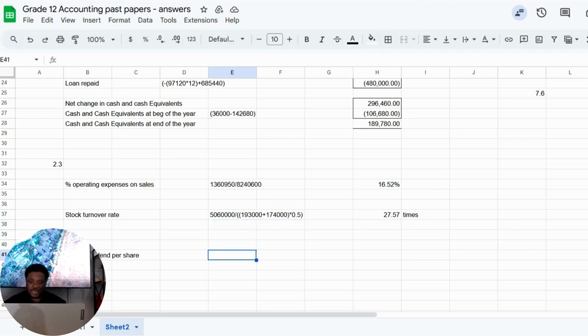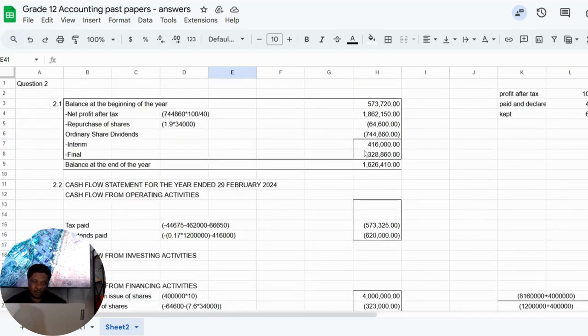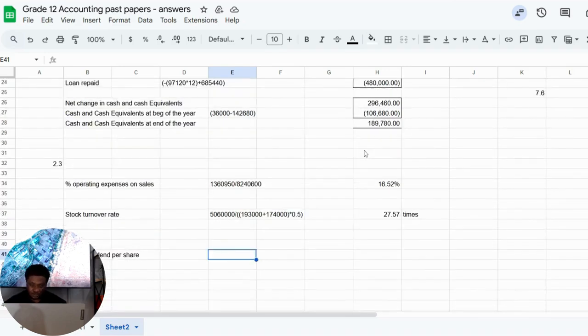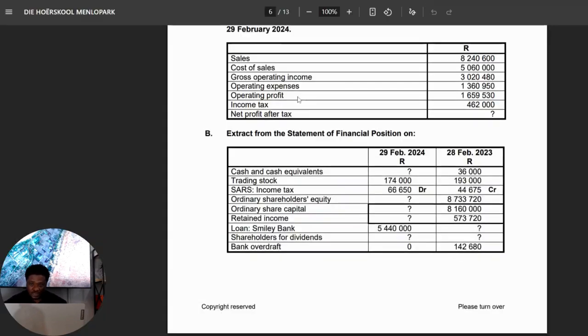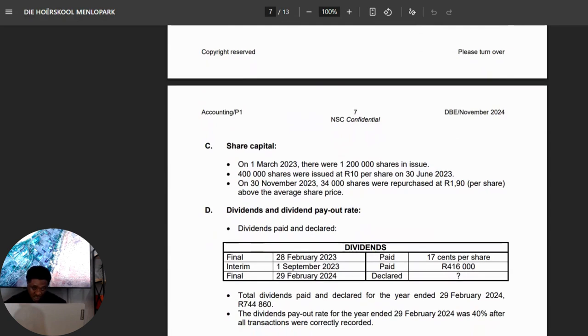And then interim dividend per share. For the interim dividend per share, we have to look at our interim dividend in the current year, 416,000. And then we need to figure out how many shares we were paying dividends to at the time we paid the dividend. Well, the interim dividend was paid when? On 1 September 2023.